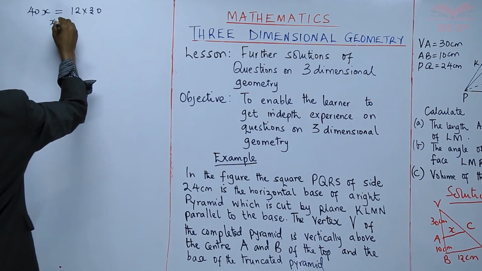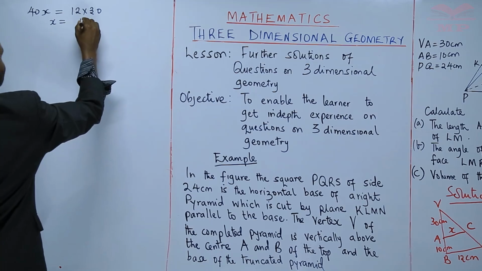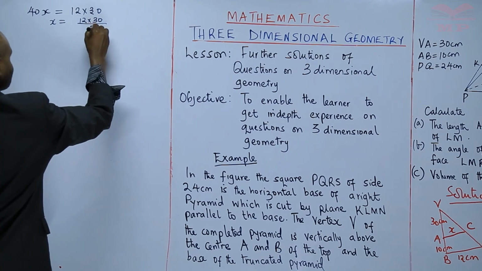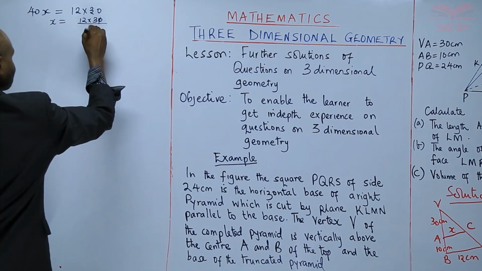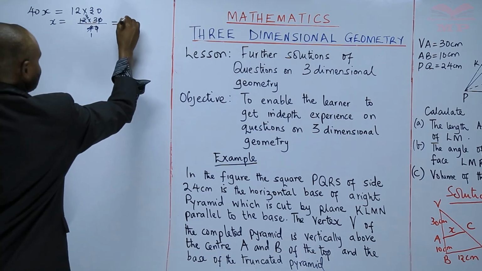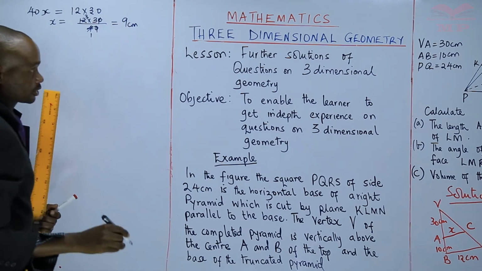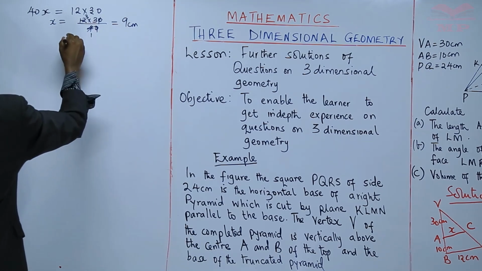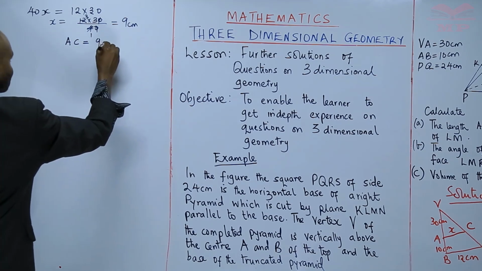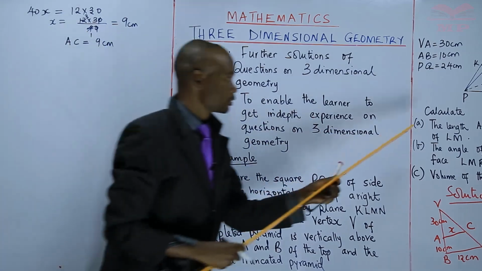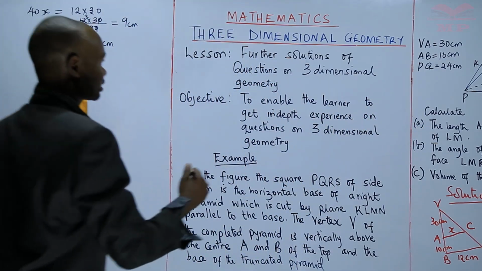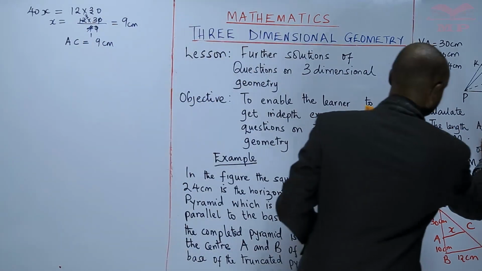So x would be equal to 12 times 30 divided by 40. 4 goes into 40 ten times, 4 goes into 12 three times. So x is equal to 9 centimeters. So AC will be equal to 9 centimeters. That is the solution for A. They were asking for the length AC.